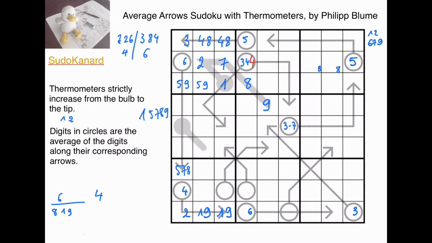Let's assume this is a 4 and this is a 9. We need to make those add up to 16. And no, that wouldn't work. But that would work. So 9 can go in this cell.